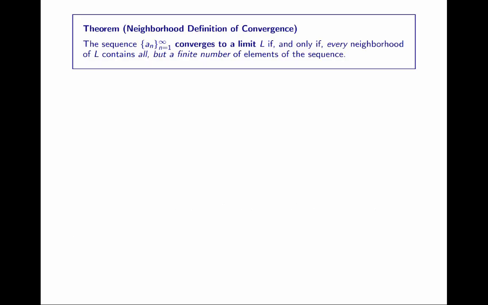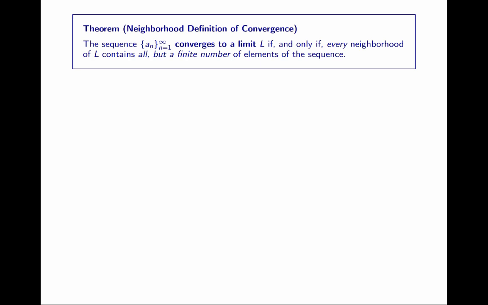So this gives us an alternate definition of a limit. Of course, it's a theorem because we're going to prove that this new definition is equivalent to the original definition we gave. And so this we'll call the neighborhood definition of convergence to a limit.